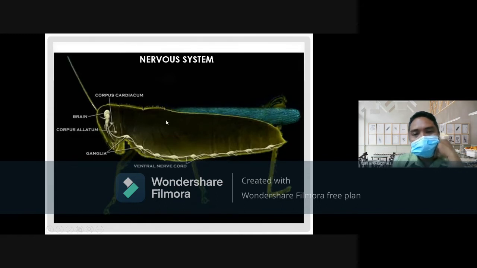If you look at the circulatory system, it is in the upper part, from its aorta to its heart and then its dorsal and ventral diaphragm. But the insect's nervous system is addressed in the lower part, from the brain to its cardiacum, passing through its ganglia and its ventral nerve cord.